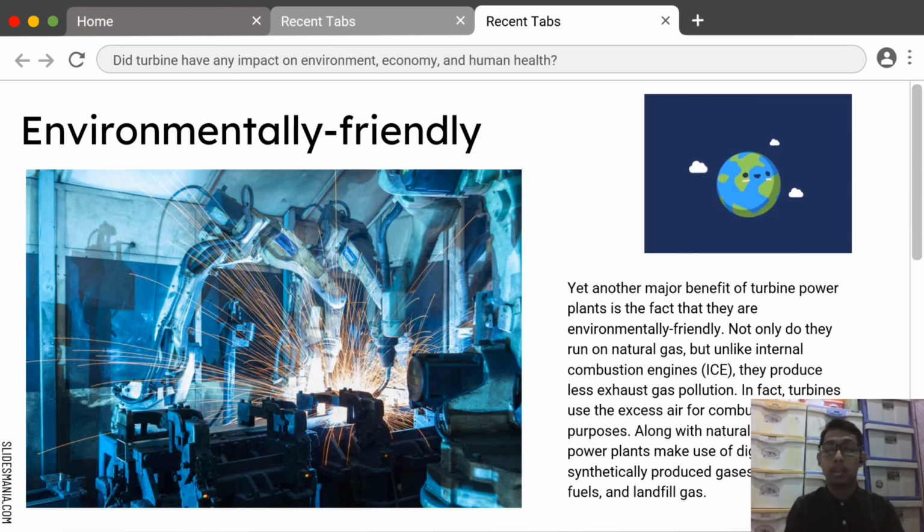In fact, turbines use excess air for combustion. Before this we used piston engines instead of turbine.